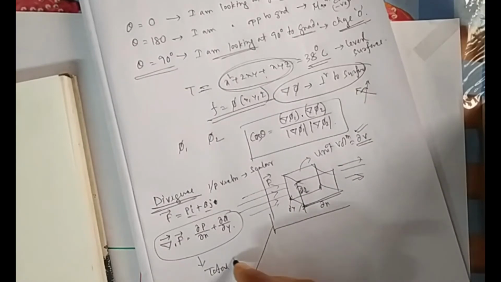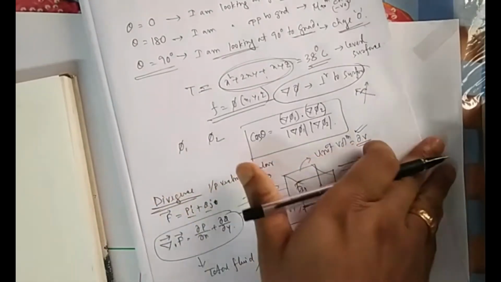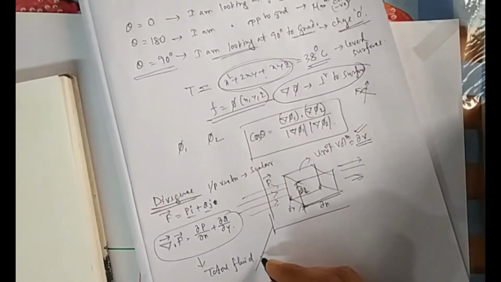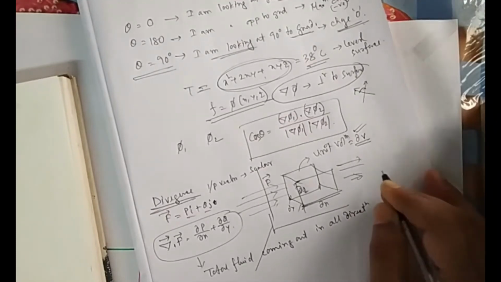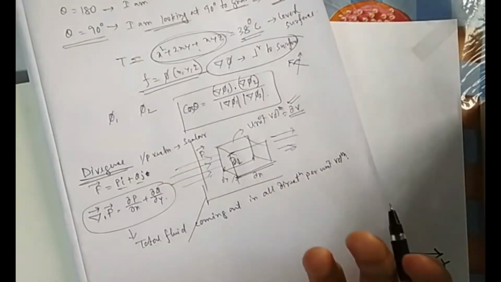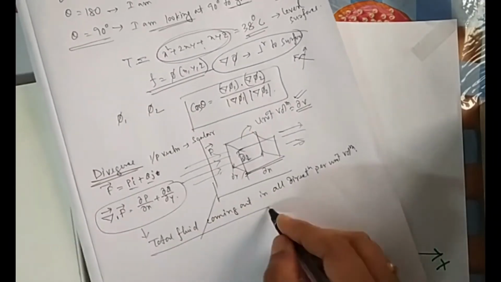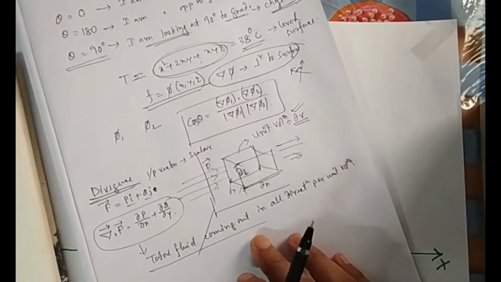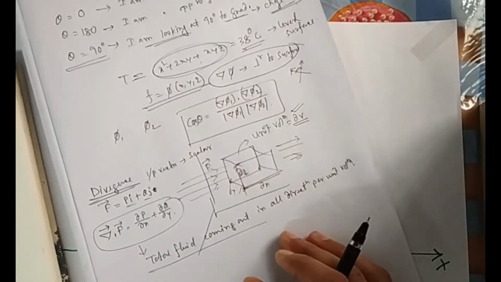If you take electrical engineering, you can say flux, field, how much is coming and how much is going. Total fluid coming out in all directions per unit volume. If you take a small box of unit dimension, then the total fluid coming out of this is this one, in every direction, here, here, here. Or you can say total flux.